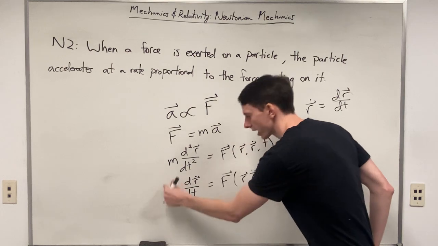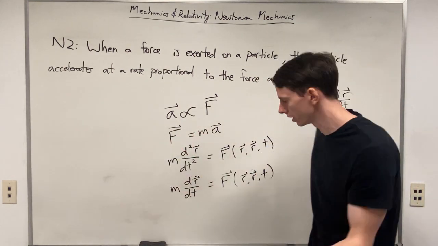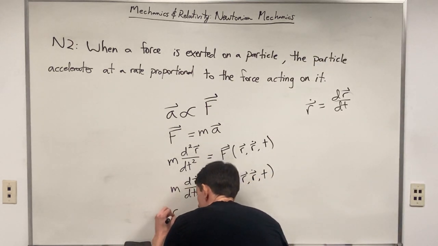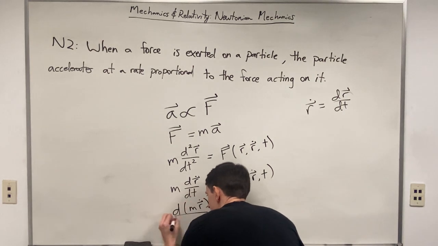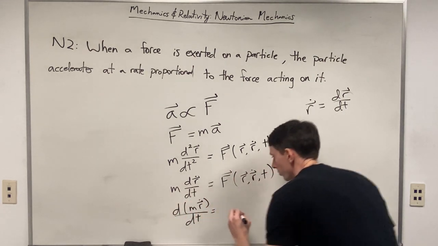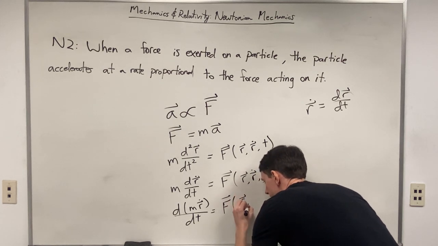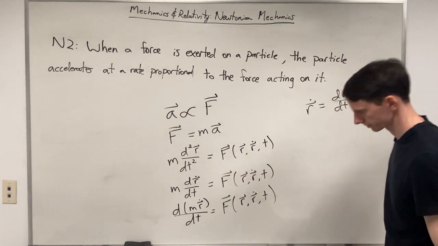It's usually a constant, so we can typically bring it inside the derivative. And if we do that, we're going to get d times m r dot dt equals our right-hand side, f as a function of r, r dot, and t, like this.